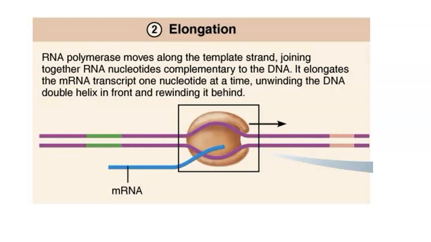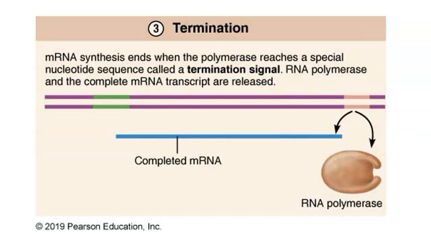Taking a look at this picture from the book, we can see that the messenger RNA strand is growing in length. What's happening is this enzyme is moving down the DNA and it's copying a segment of the DNA known as a gene until it finishes and you have your completed messenger RNA strand.